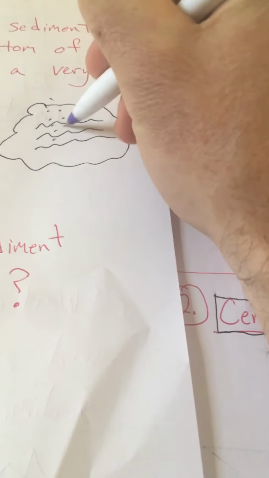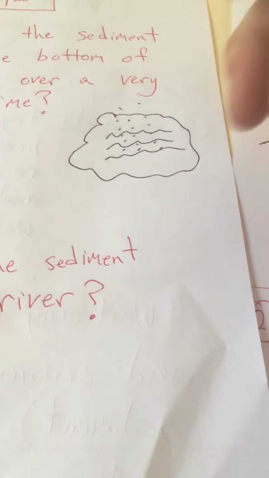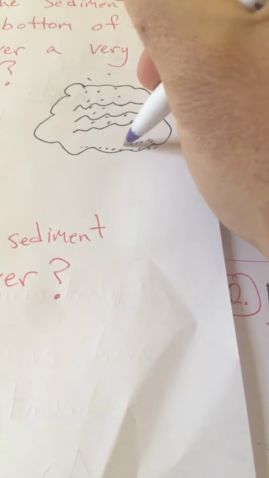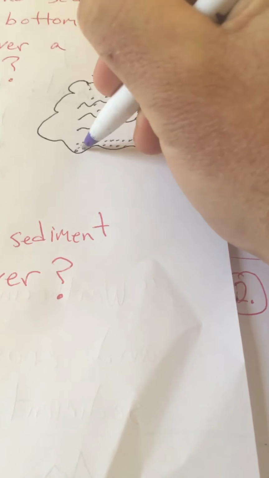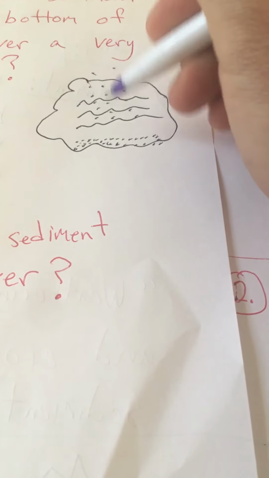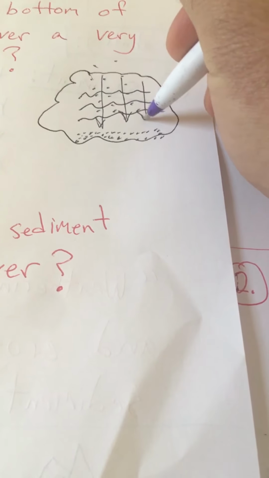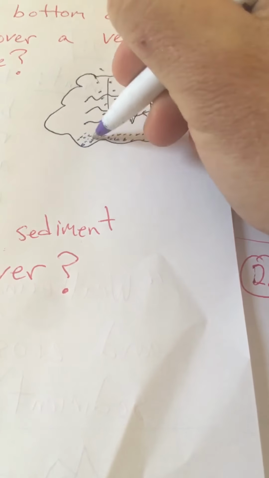Okay? When that sediment falls and erosion brings it to this pond, it is all going to settle down at the bottom because the sediment is heavier than the water. So after a little bit of time, all the sediment is going to sink to the bottom of that body of water.